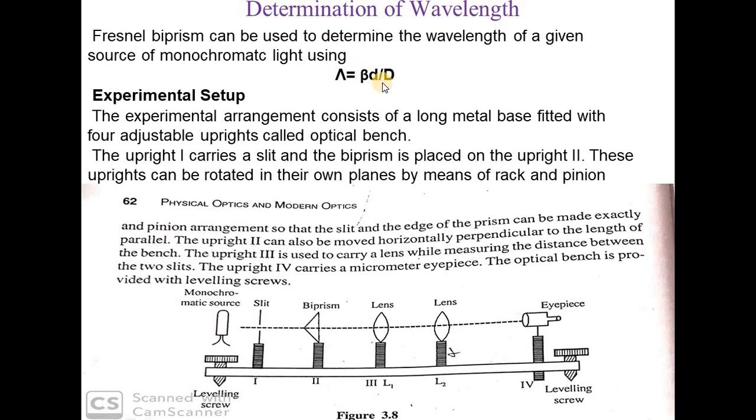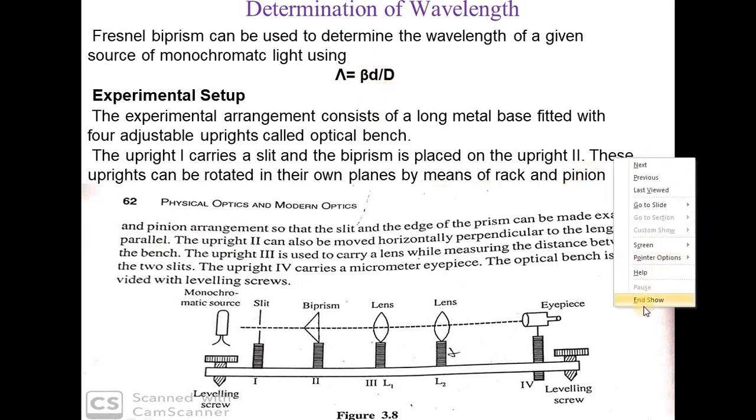So for that we need an experimental arrangement, in the labs, for how you are going to determine the wavelength of light using Fresnel biprism. So we'll discuss it again.